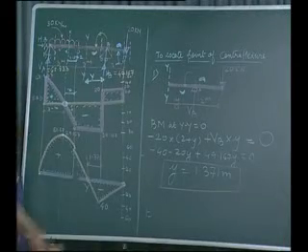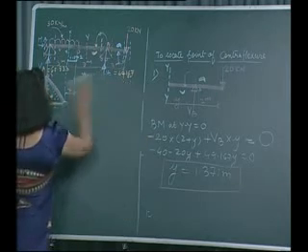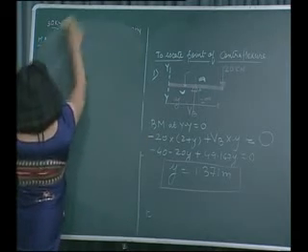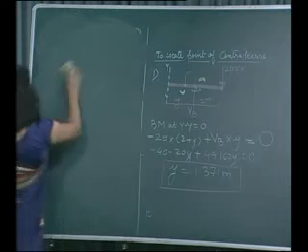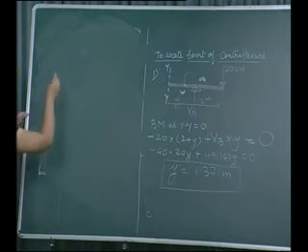Right, so we start with the next problem, that is a cantilever beam subjected to an inclined load. I'll take a simple problem so that you can understand its concept.